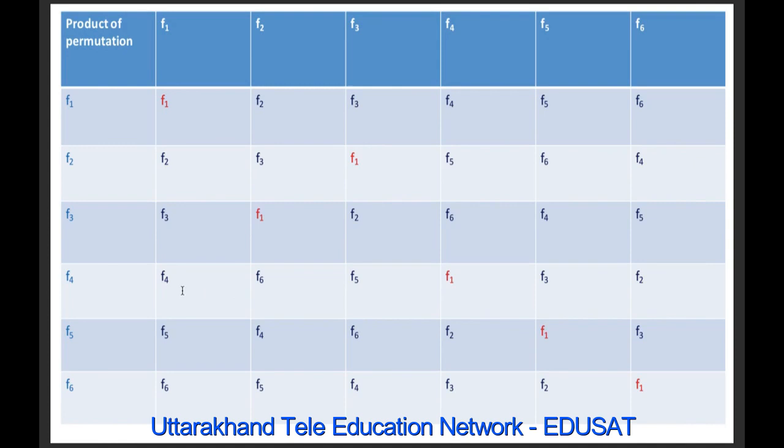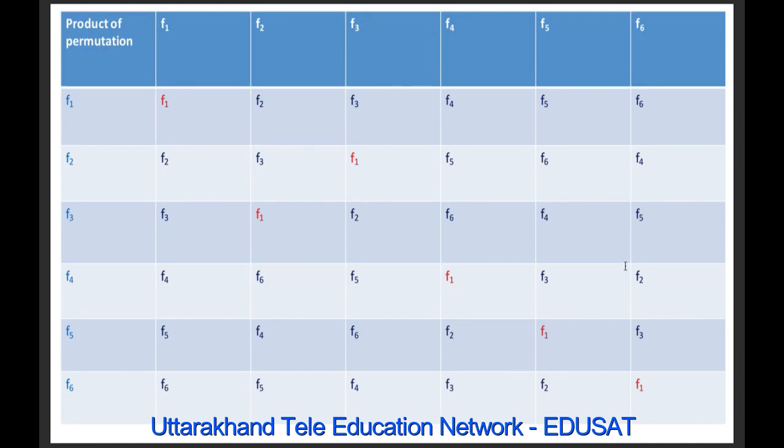Then we apply F4 on the top border row, and we get F4, F6, F5, F1, F3, F2. And similarly, the fifth row is F5, F4, F6, F2, F1, F3. And the last row is F6, F5, F4, F3, F2, F1.